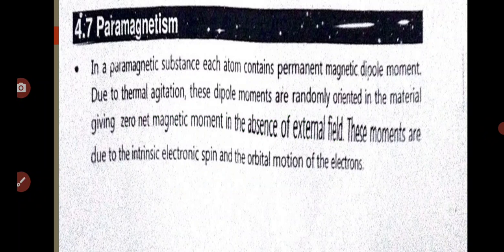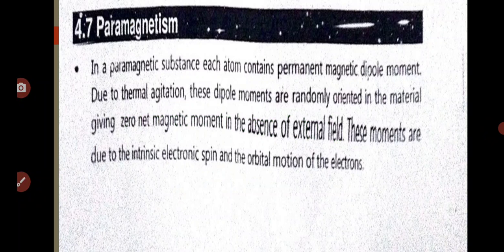A superconducting substance is one which has zero electrical resistivity at low temperature. So that is what is meant by a superconducting substance, and what is the property of type one superconducting material and type two superconducting material.